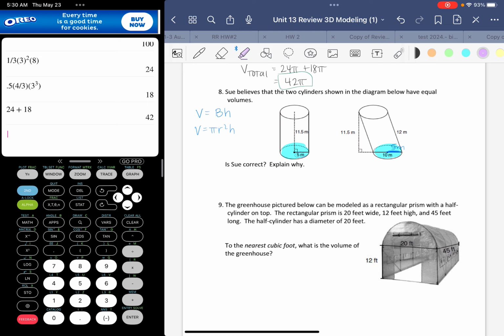Because I know the pi r squared part's going to be the same. Well, the height of this cylinder is right here. And the height of this cylinder is also 11.5 because the height measures the distance from one base to the other. This number 12 here, that's the slant height. And the slant height isn't part of our formula. So we actually didn't even really need to know that.